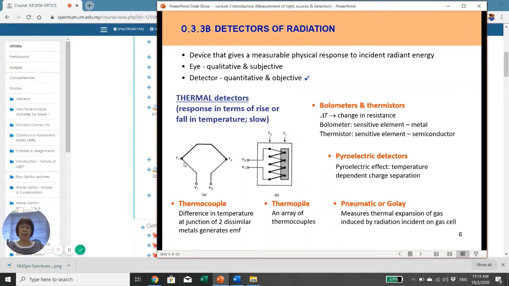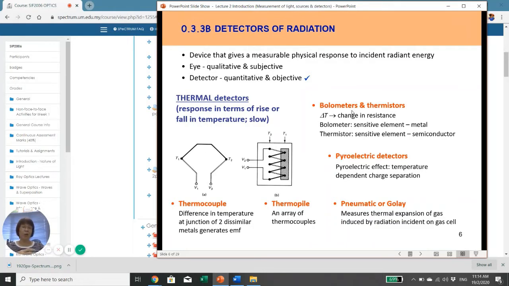When we place these two junctions at two different temperatures, it generates an electromotive force you measure as a voltage, a potential difference between the two. Or we have an array of these thermocouples, and we call it a thermopile.